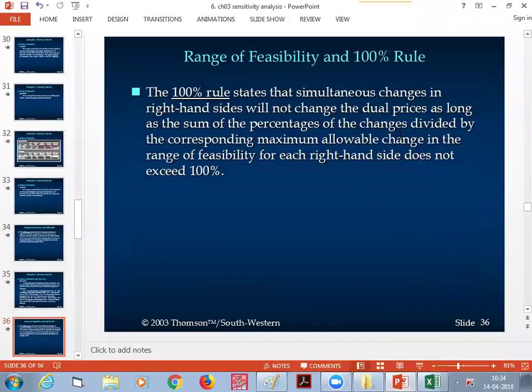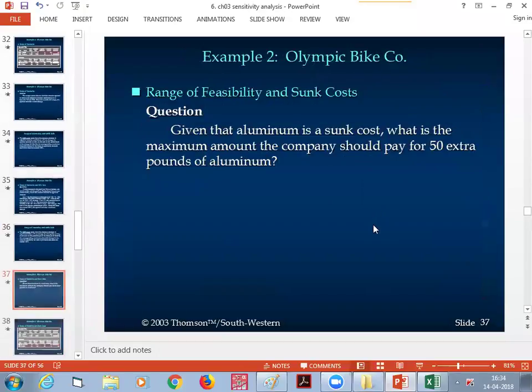Same thing with feasibility and the range of feasibility. Again, the dual value doesn't change as long as the percentage change remains within 100%.